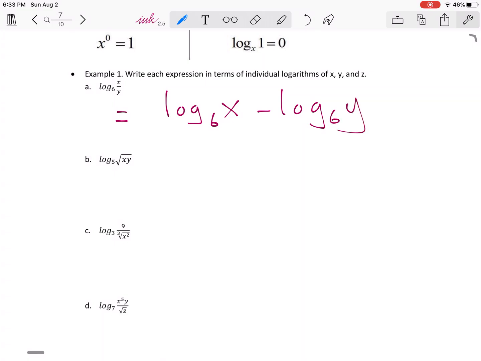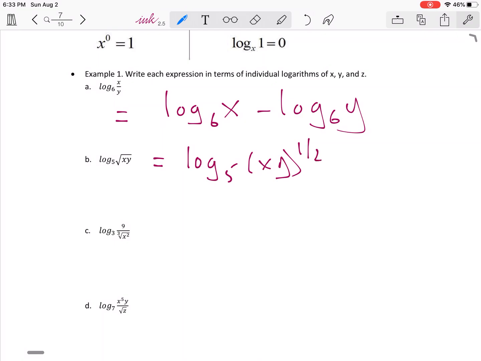The next one here, you've got a product and a power, right? Remember, it's a power because a square root is actually a power of 1/2.